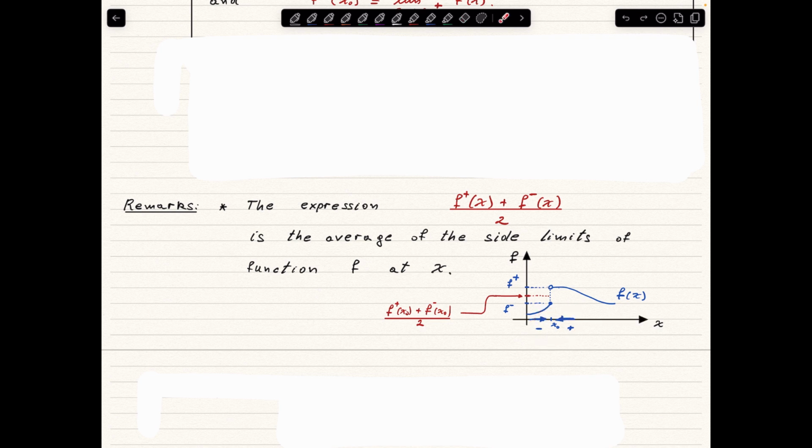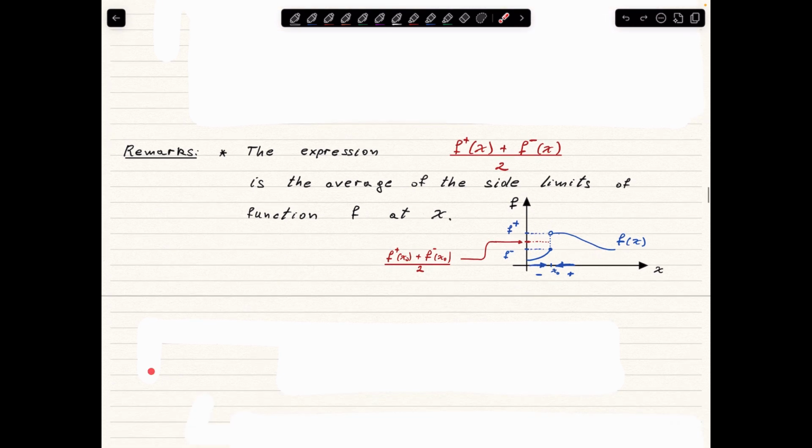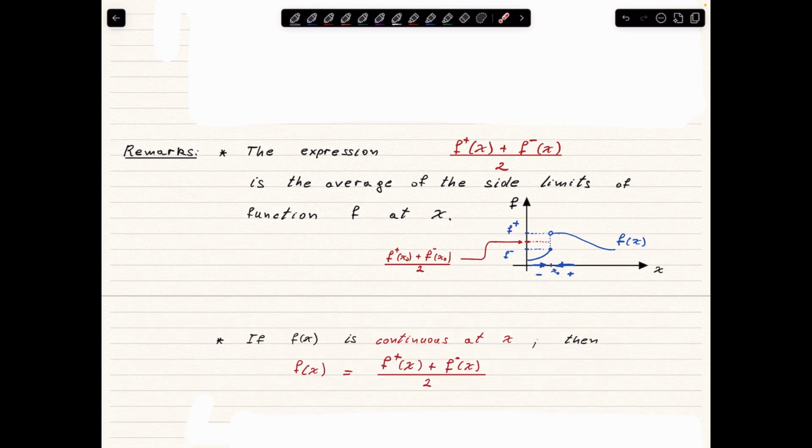What happens when the function f is continuous, doesn't have a discontinuity? Well, the side limit from the right and the left are going to be exactly the same, equal to the value of the function. So when the function f is continuous at the point, this whole expression is nothing more than f of x.